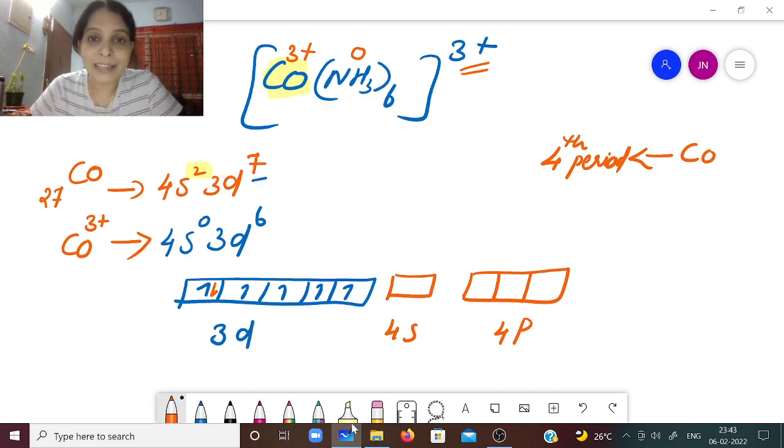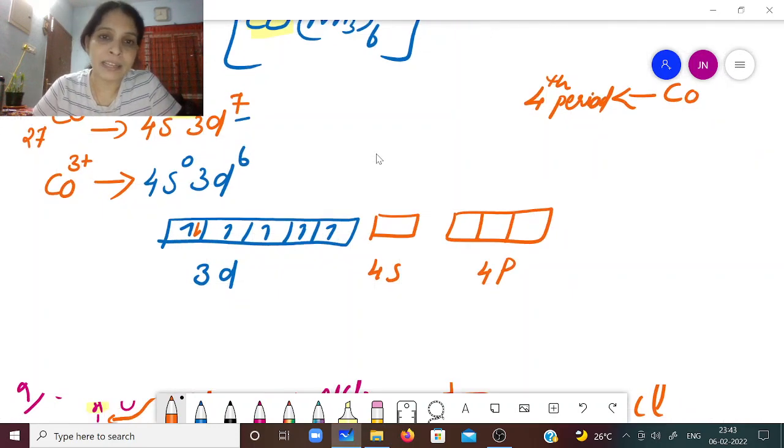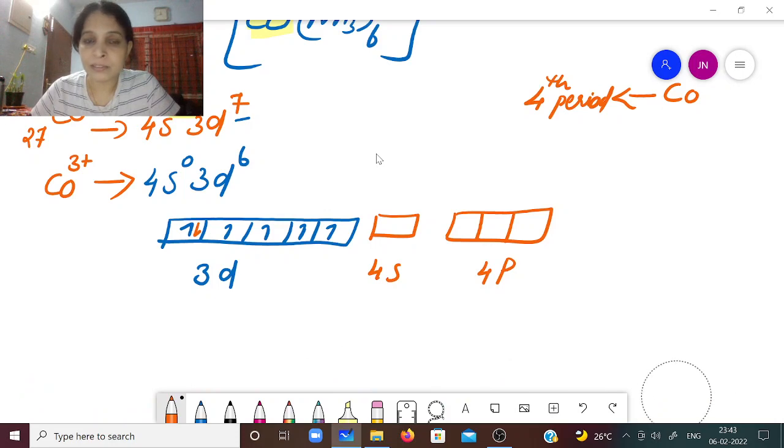Now, next is ammonia. We have to consider the ligand ammonia. Ammonia is a strong ligand. At the end of the class, I will give the chart of which ligands are strong and which ligands are weak. Now you understand that ammonia is a strong ligand. A strong ligand can pair up the electrons of the central metal atom.